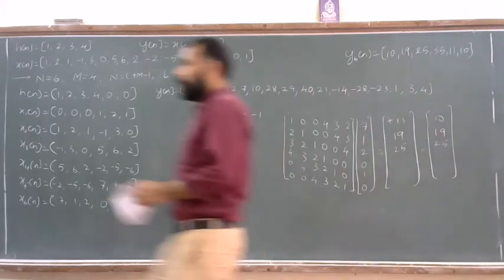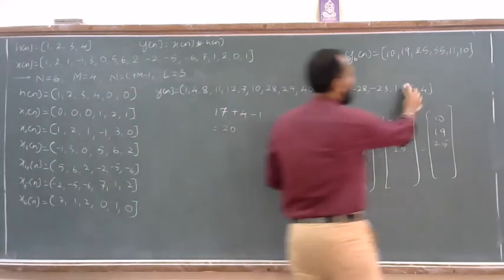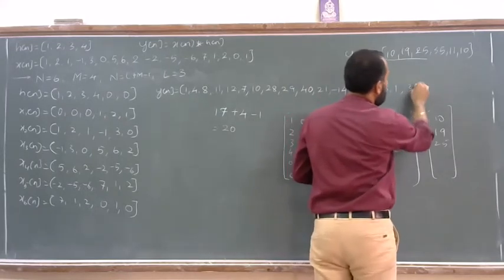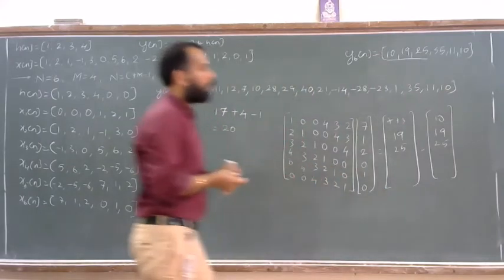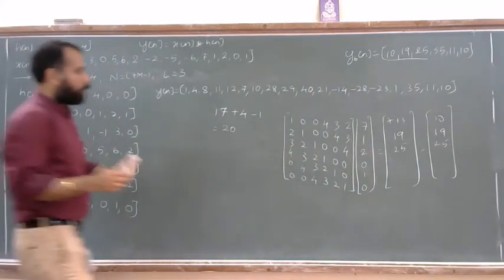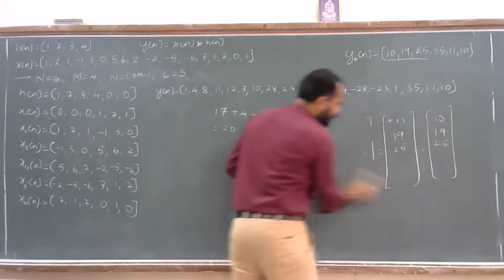Now, if we discard the first 3 samples, that is 10, 19, 25, we remain with 35, 11 and 10.